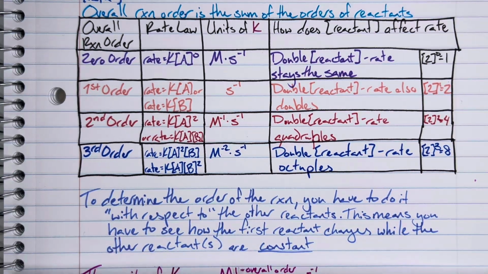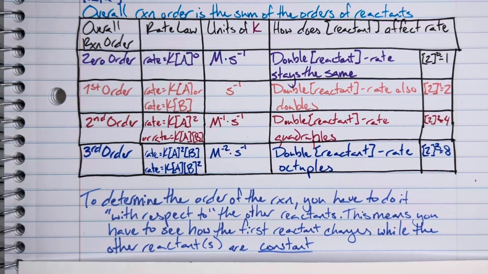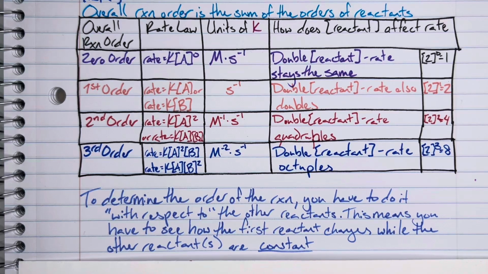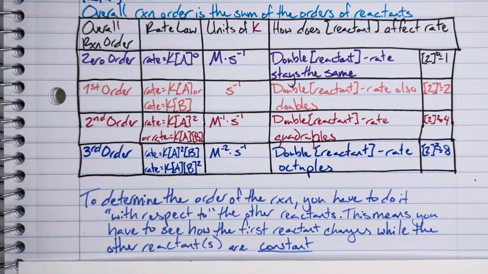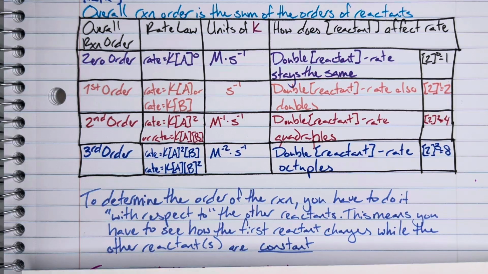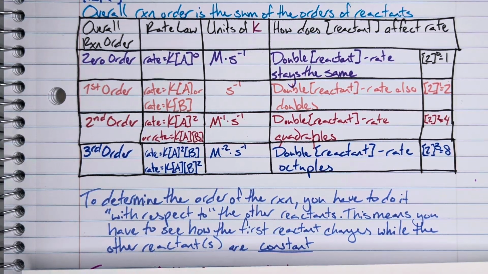In order to determine the order of the reaction, you have to do it, quote unquote, with respect to the other reactants. This means you have to see how the first reactant changes while the other reactants are held constant. So if you want to see what happens if you double one of the reactants, you must hold all other reactants steady, and then notice how the rate changes.